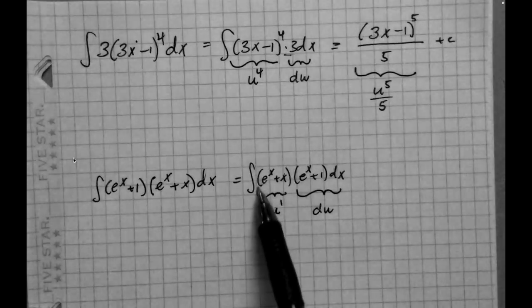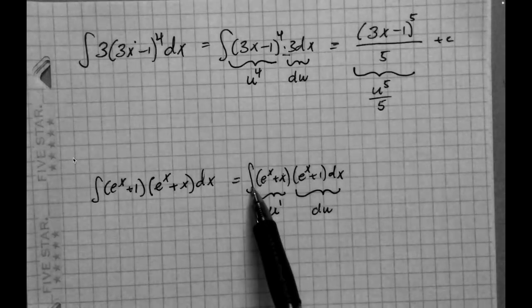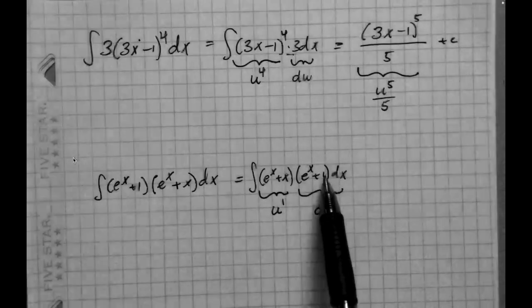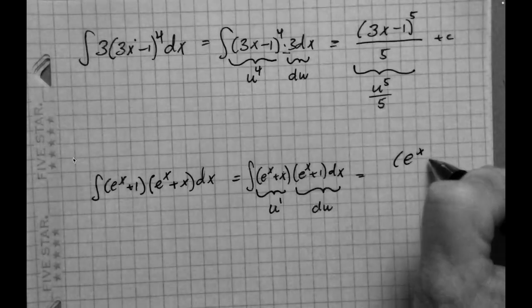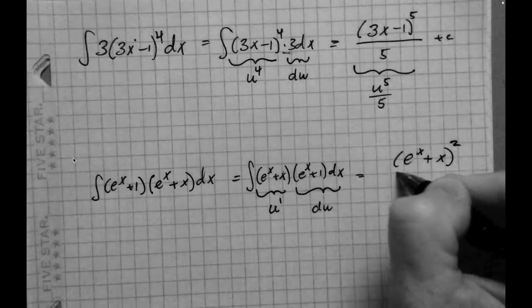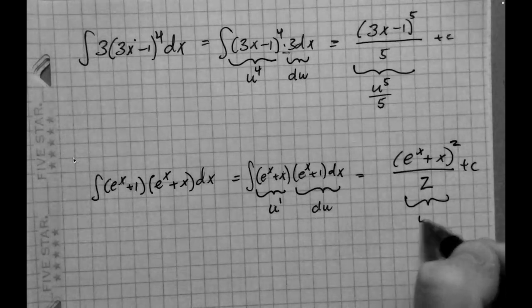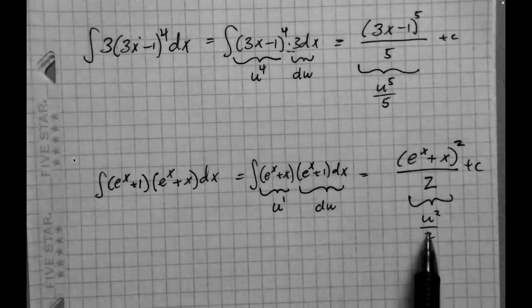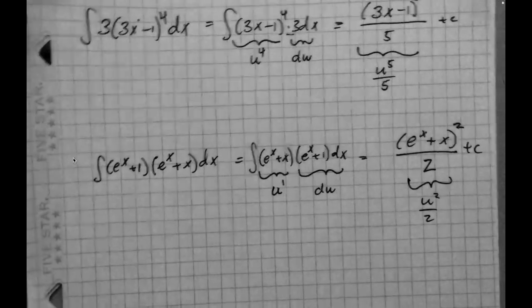If this is u, then when I differentiate this, I get e to the x plus 1, which is this part. So if u equals e to the x plus x, then du is equal to e to the x plus 1 dx. And so this whole thing can be quickly evaluated as e to the x plus x, squared, over 2. So this would just be u squared over 2. If I have a u to the first, then the integral would give me u squared over 2. So hopefully the pattern is beginning to emerge here.